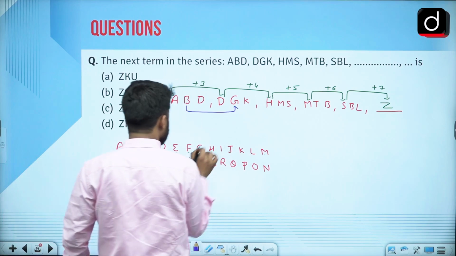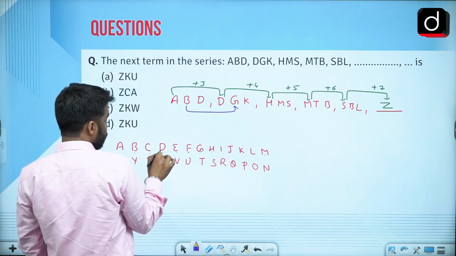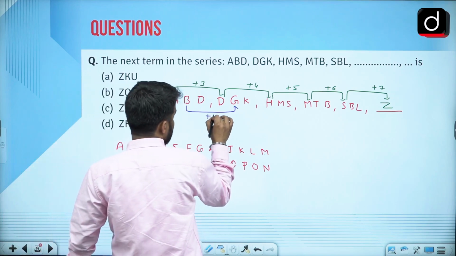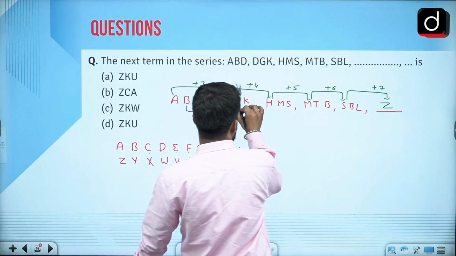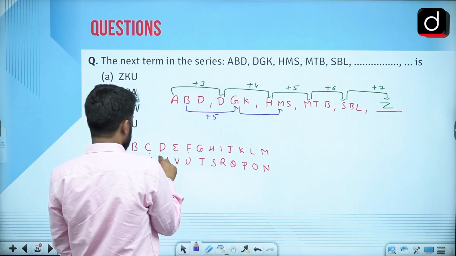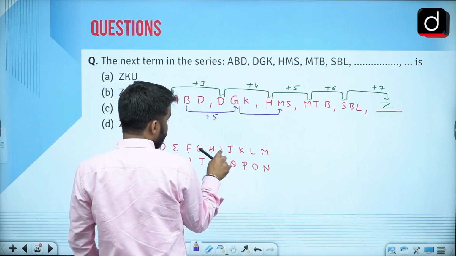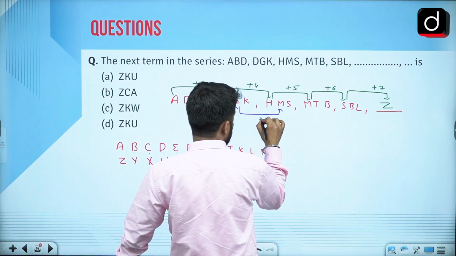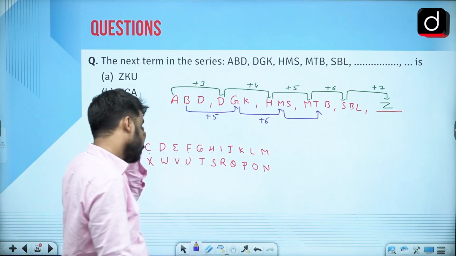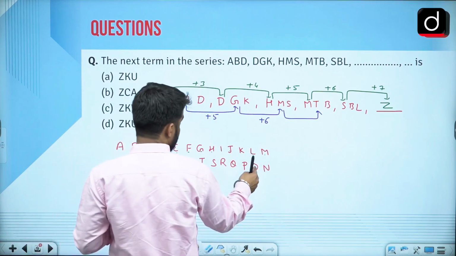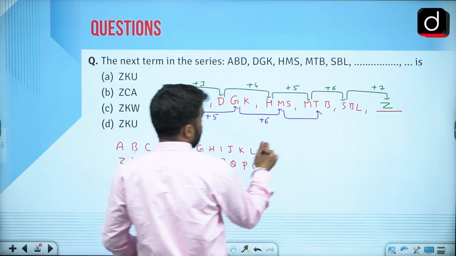Similarly, from B to G, let's see what the gap was. 1, 2, 3, 4, 5. As we are moving in clockwise sequence, the gap would be plus 5. From G to M, 1, 2, 3, 4, 5, 6. So it would be plus 6. From M to T, what was the gap? 1, 2, 3, 4, 5, 6, 7.